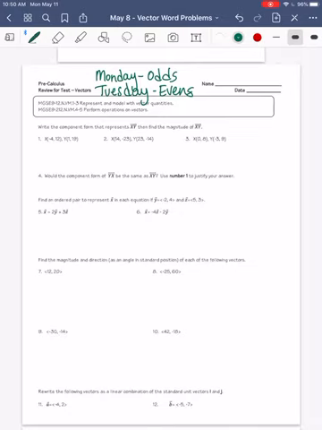All right, so I'm just going to go through the directions and make sure you understand what I'm asking you for. All right, so number 1 says write the component form. So if you remember, component form is like this, so that's what your answer should look like. You could plot this on a graph if you wanted to, but there's an easier way. There's a formula where you do terminal minus initial. Okay, and then that'll help you come up with the component form.